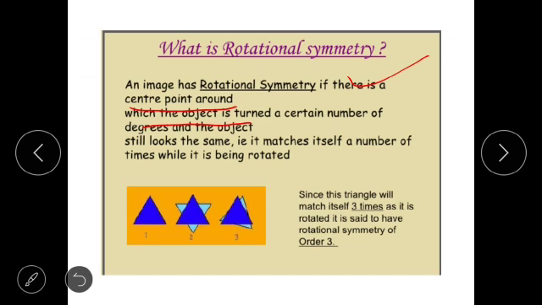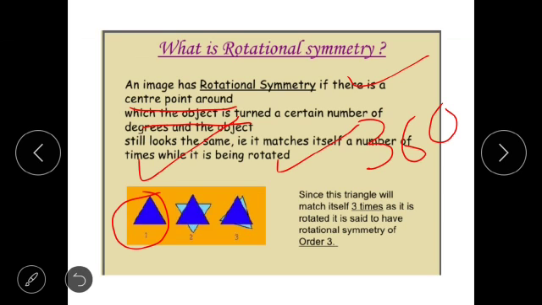Here we have to rotate it through 360 degrees, that is one complete rotation. You can see that this triangle, when rotated through 360 degrees, fits onto itself three times. Therefore, it is said to have rotational symmetry of order 3.